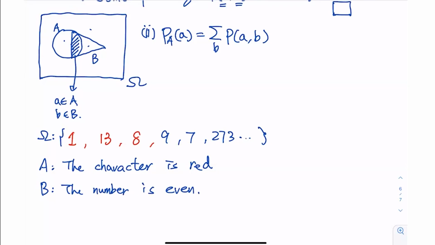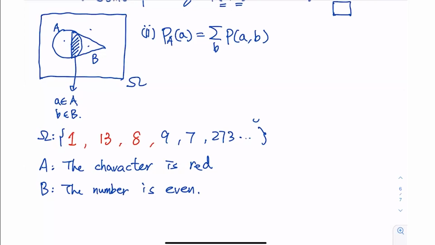So the complement of A just means that the character is blue, because in our event space we have blue numbers and red numbers. And the set B, or the criteria B, is saying that we ask whether the number is an even number or it is an odd number.